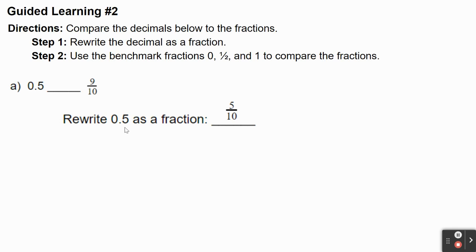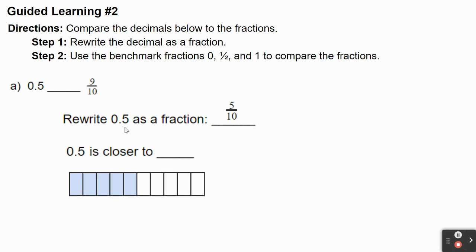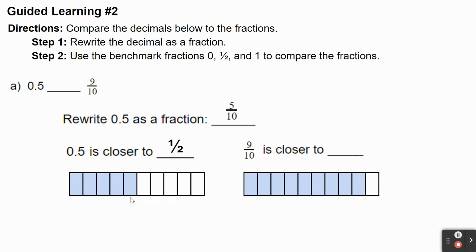Now we can go ahead and draw our visual model to represent 5/10. So here we have 10 parts, 5 of them are shaded. We can see that half of the model is shaded exactly. So 5/10 is closest to 1/2. Now let's do the same for 9/10. Well, for 9/10 we'll have a model that has 10 parts with 9 of them shaded.